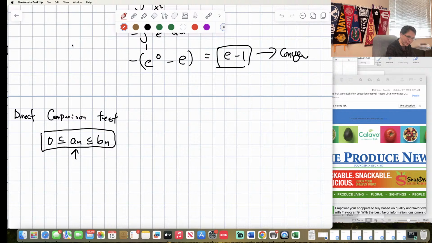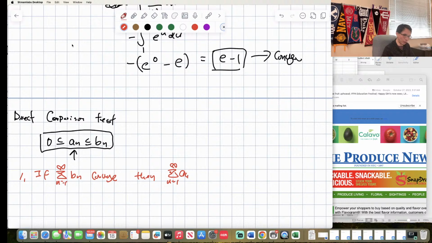Basically, we're saying if the sum from n equals 1 to infinity of b to the n converges, then what do you think the sum from n equals 1 to infinity of a to the n does? It will also converge, because it's less than a convergent series. If you're less than convergent, it has to converge. Does that make sense?